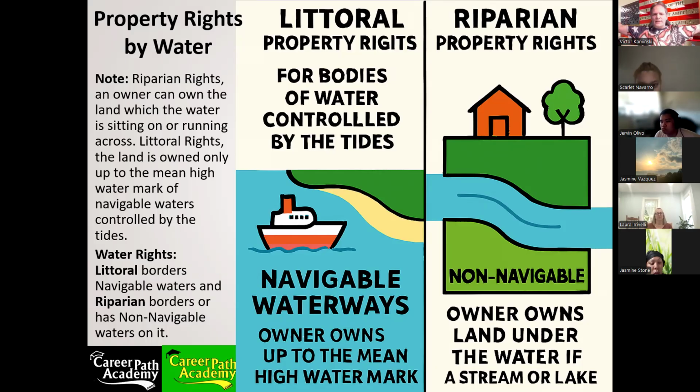Littoral, you only own the land up to the high water mark. Riparian, you actually own the land under the water. And if two properties are separated by a stream, each property owner owns the land under the stream up to the center of the stream.